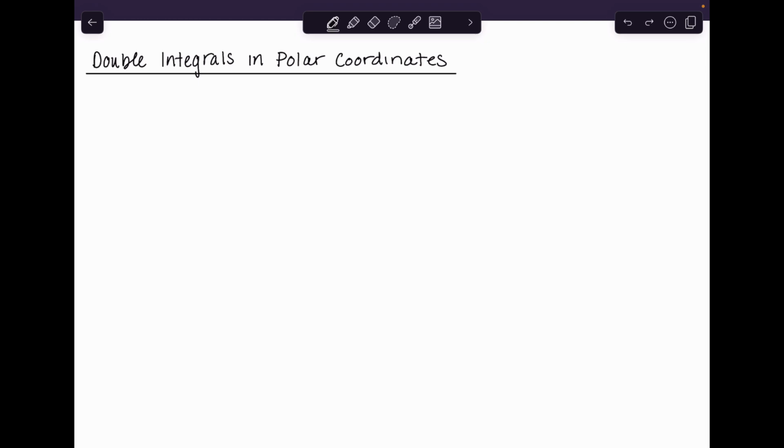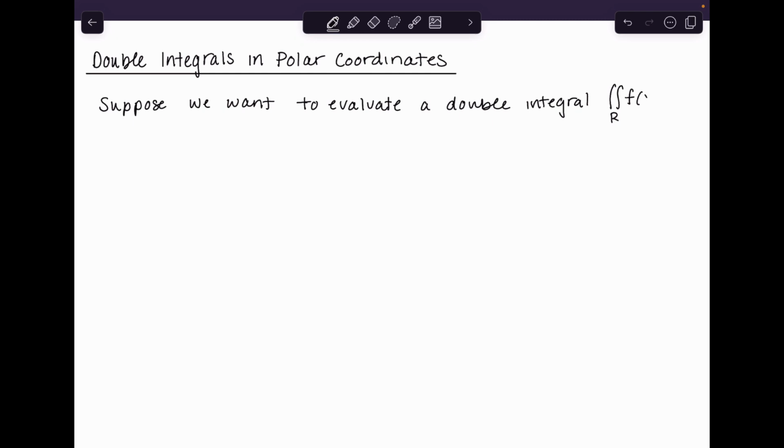So first, I want to show you the benefit of why we're going to do this. Suppose we want to evaluate a double integral over the region R of some function integrated with respect to x and y, where R is one of the following regions.